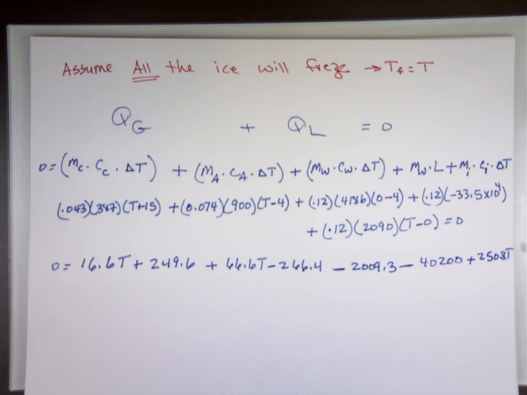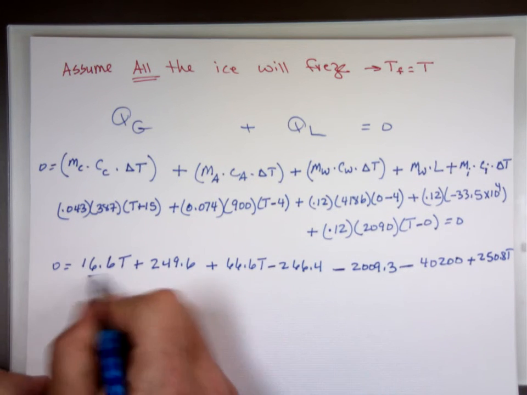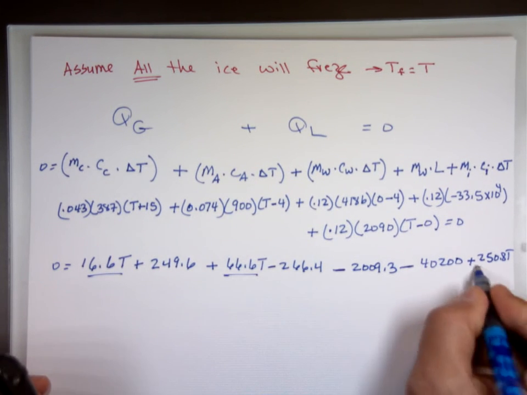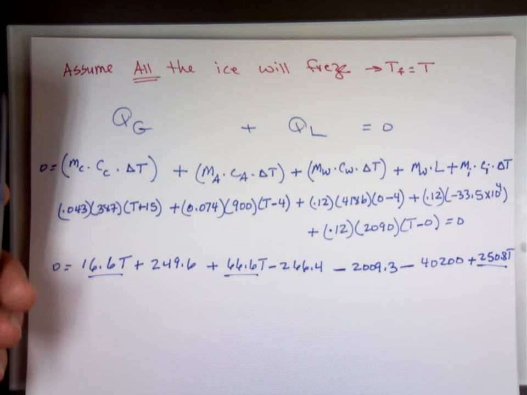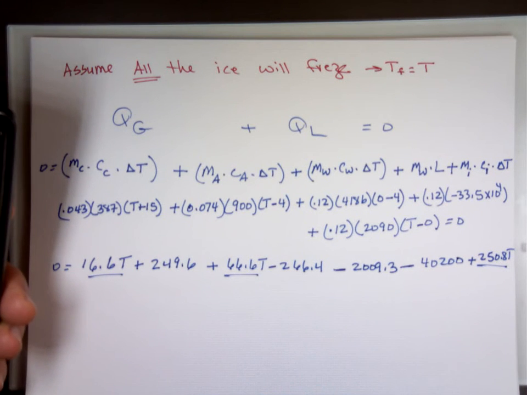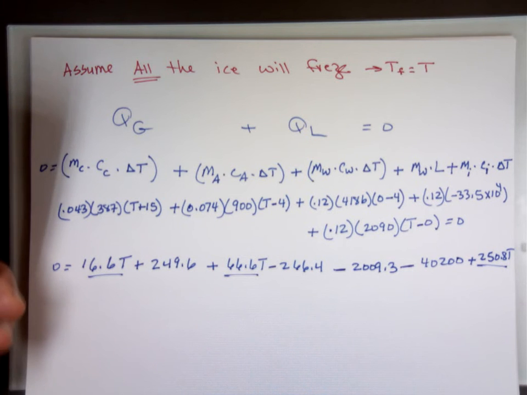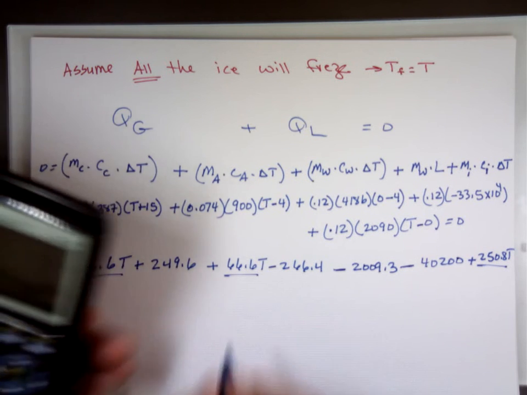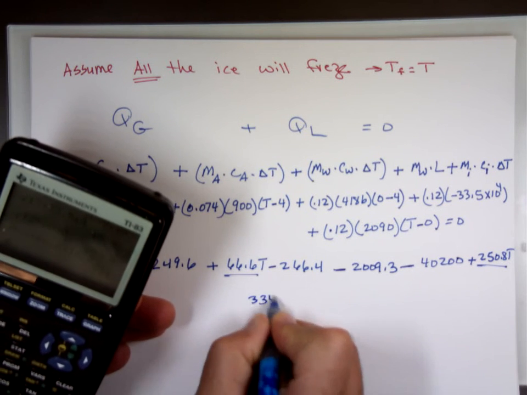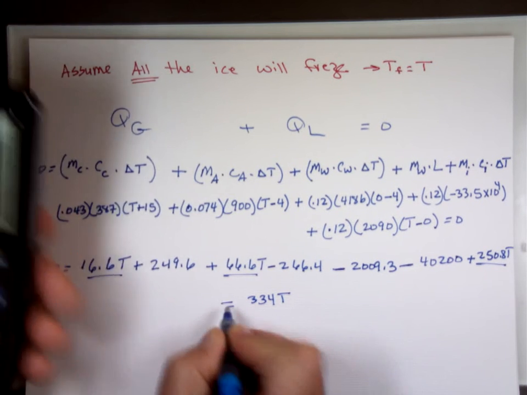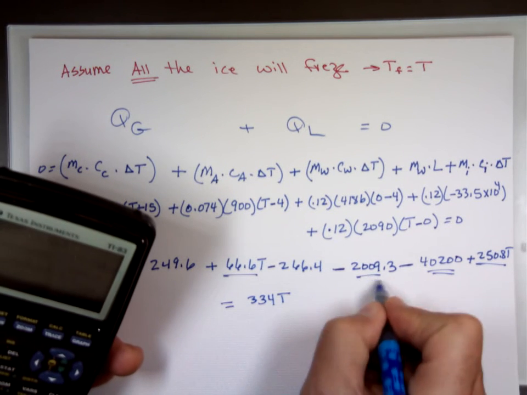Take all the ones with T, put them together and add them. I see one here, I see one here, and I see one here. And that'll give me 334 T equals, take all the numbers, add them and move them to the other side.